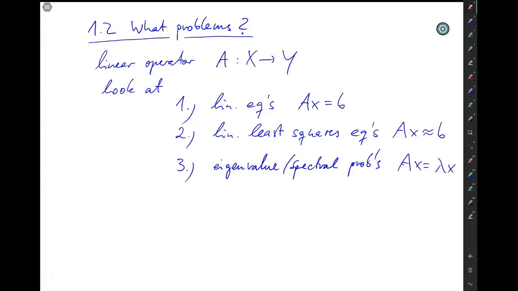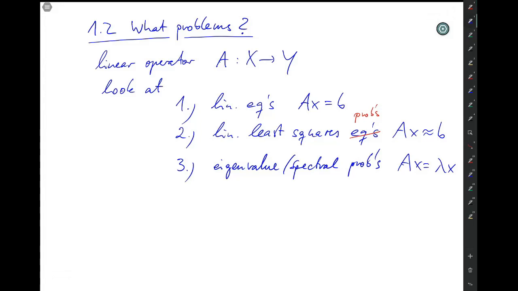To be a bit more precise, one should actually say linear least squares problems, not equations, because it's not an equation, it's a roughly equal sign, but people tend to say equations, though it should probably be problems. When you say these things, one should explain what we mean.